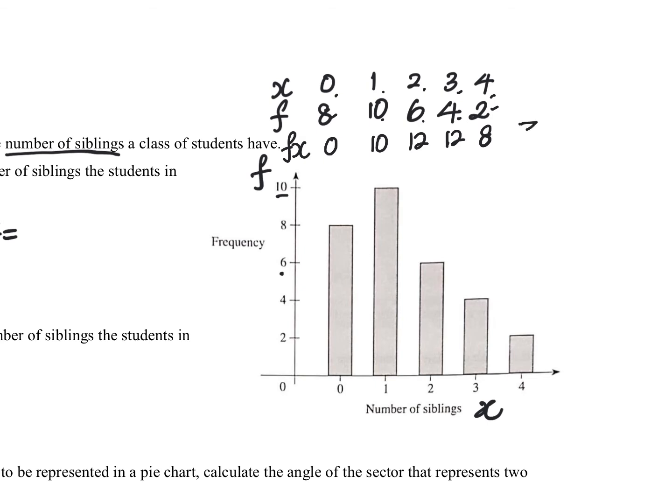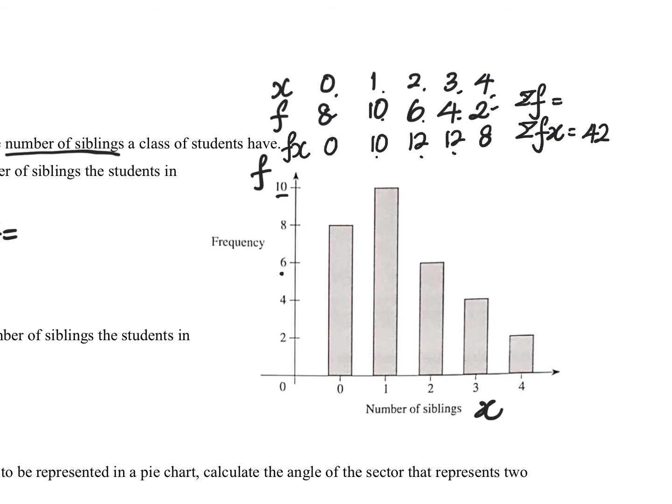So the summation of the frequency times the data value, the total data value, will be 0 plus 10 plus 12 plus 12 plus 8, and that gives me 42. What is the total frequency?